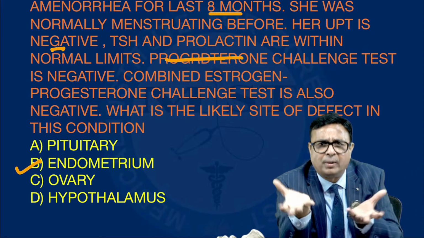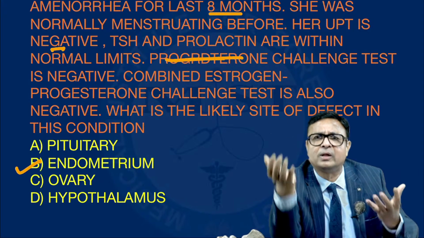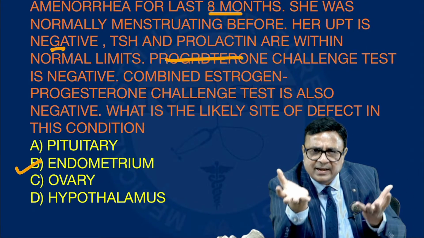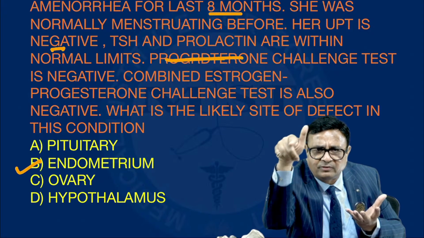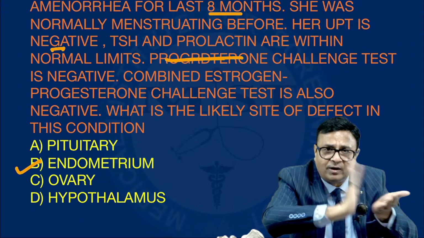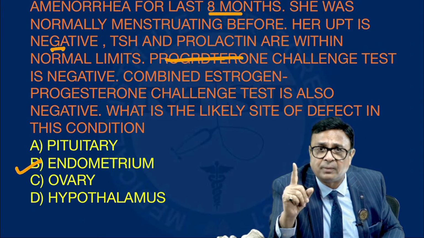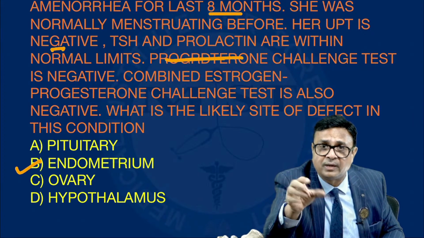What is the most common cause of secondary amenorrhea? Pregnancy. So if a lady enters your chamber with complaint of secondary amenorrhea, you will conduct a UPT, urine pregnancy test. The first step is urine pregnancy test, because the most common cause of secondary amenorrhea is pregnancy.